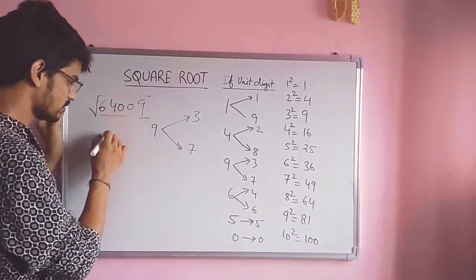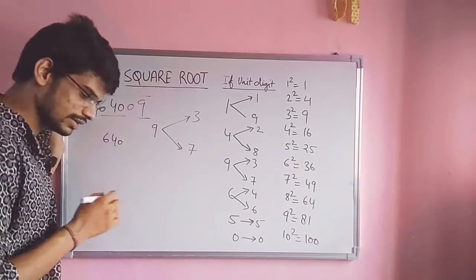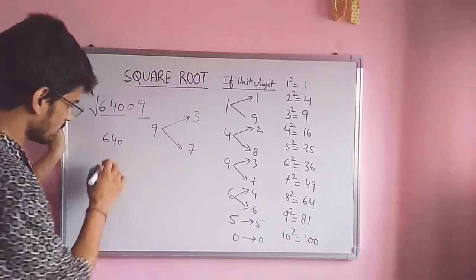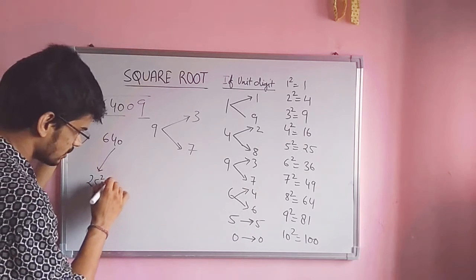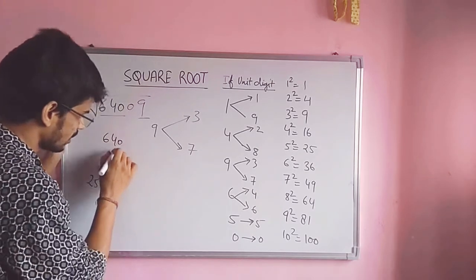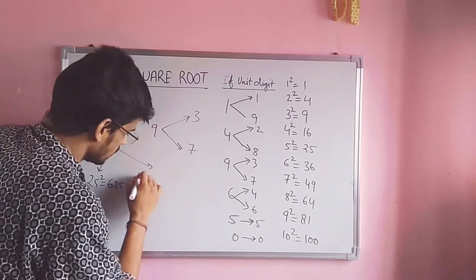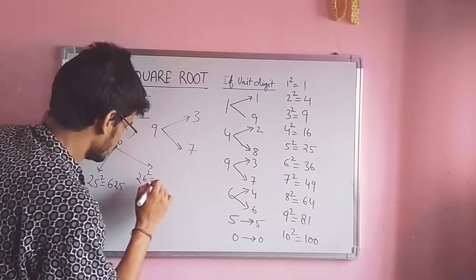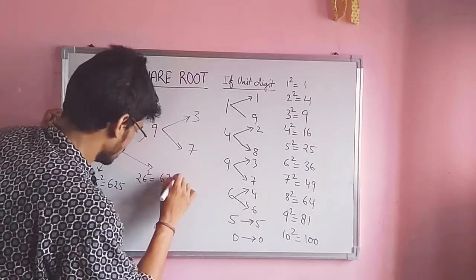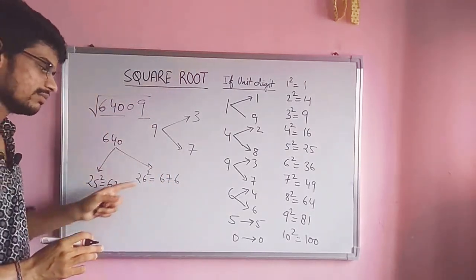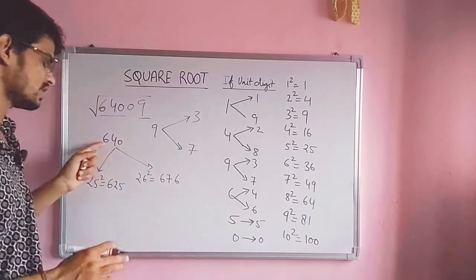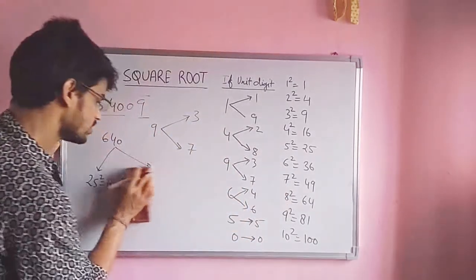Now consider 640. Here 25 square is 625. Next, 26 square is 676. Clear? 640 is greater than 625 and 676 is greater than 640. That's why we leave this.